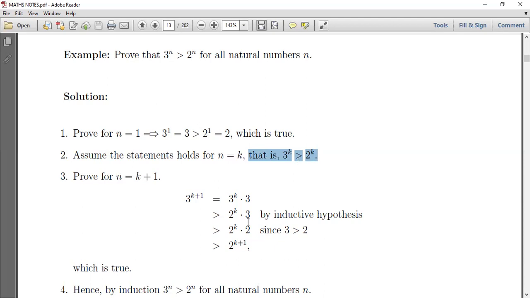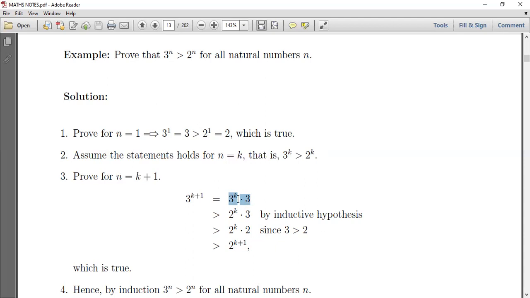But we know from this hypothesis, this assumption that we have shown here, that this statement I just expanded, which is 3 to the power k plus 1, is equal to that. We know that this is greater than 2 to the power k times 3.